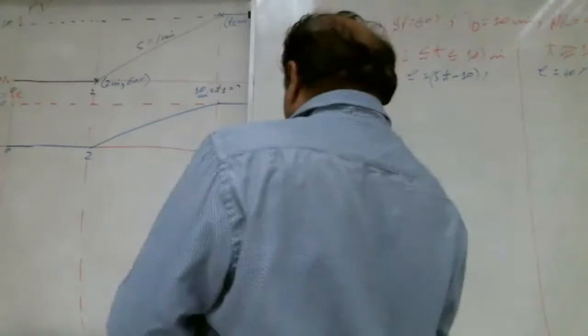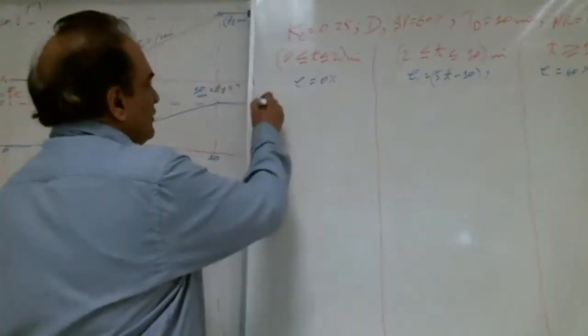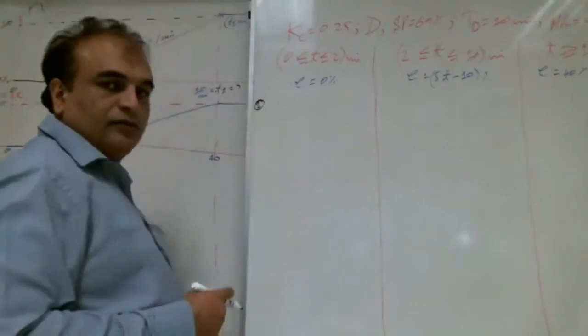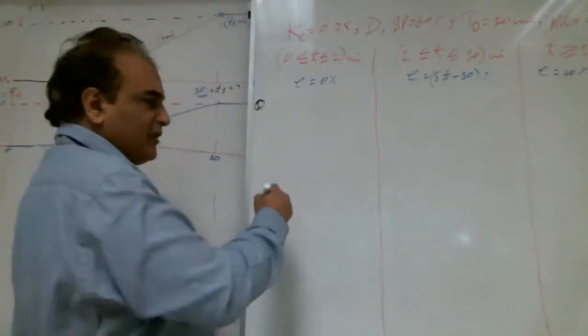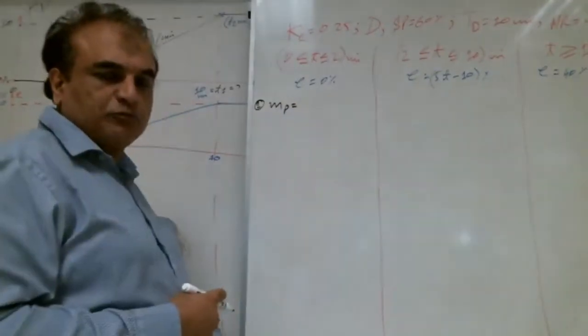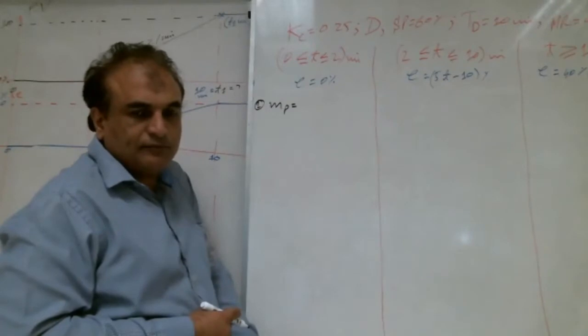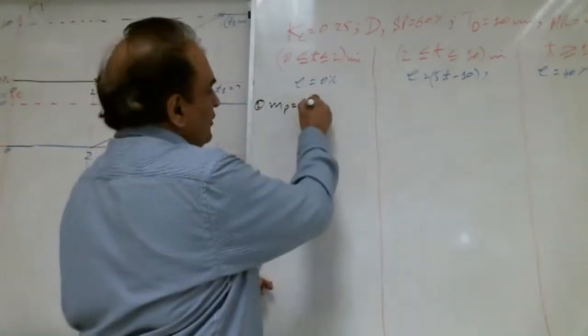Okay, Shabab. Now, what is the first step all the time? MP. Very good. So, MP is equal to how much? KC plus error times MR. Very good.